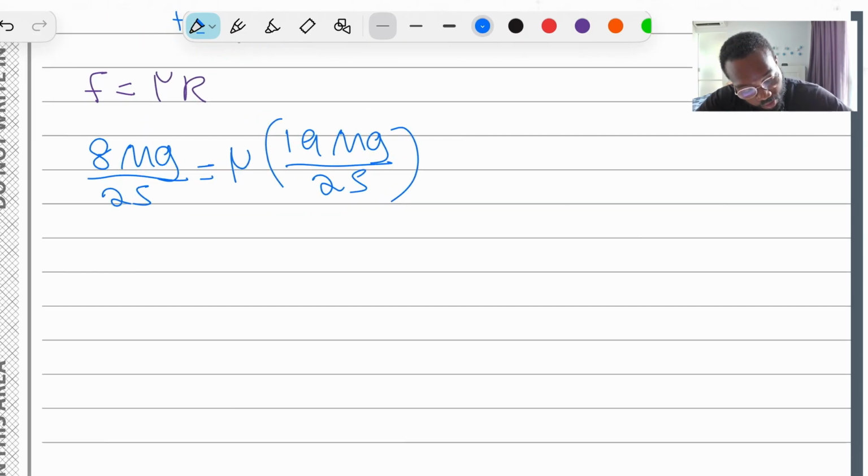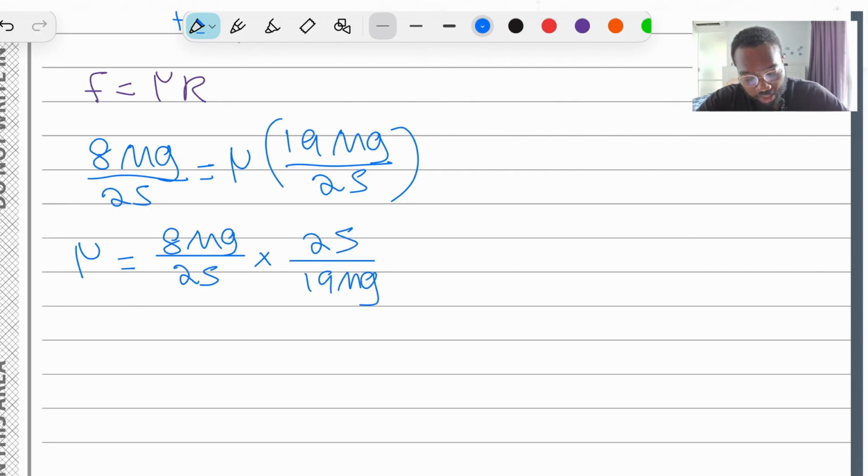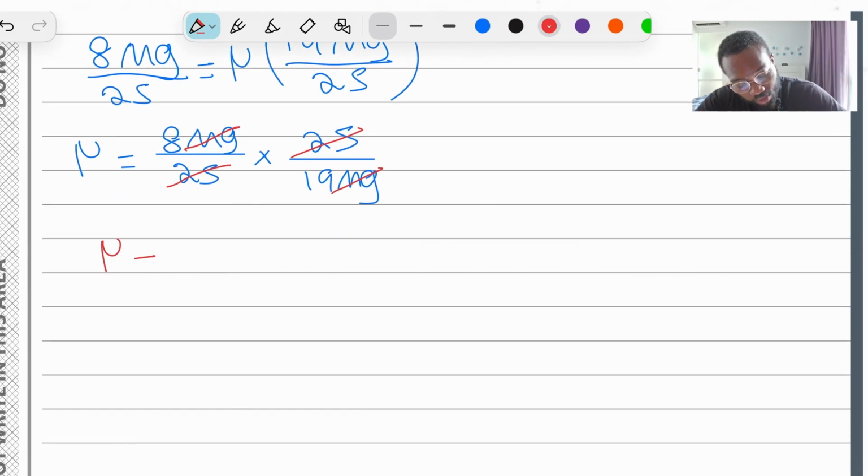Therefore, if we work mu out, mu would be 8 mg over 25 divided by 19 mg over 25, which is the same as saying times by 25 over 19 mg. If you work that out, a lot of things cancel out. The mg's cancel out. The 25s also cancel out. Therefore, we're left with mu simply equaling 8 over 19. And that will be this mechanics paper done.